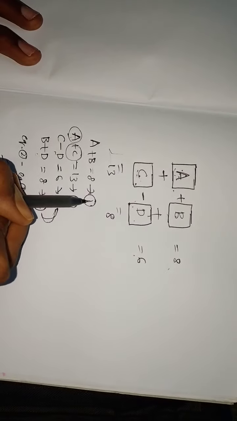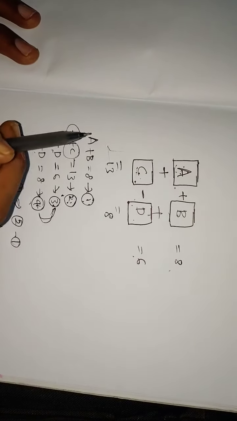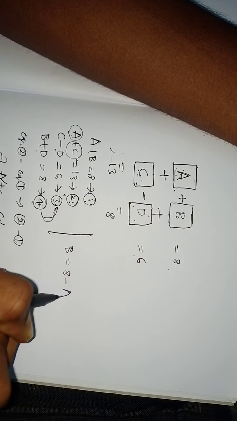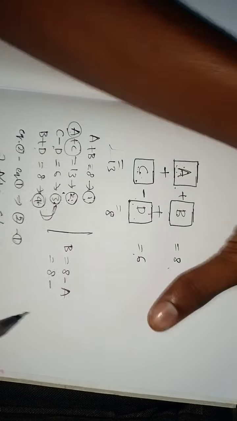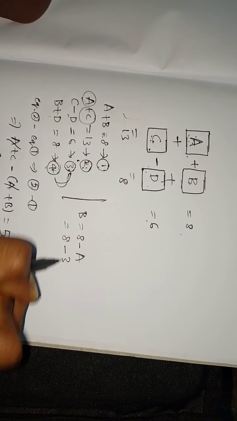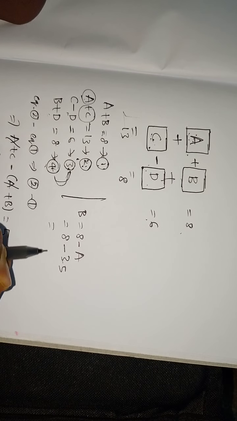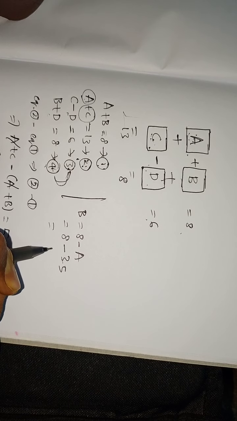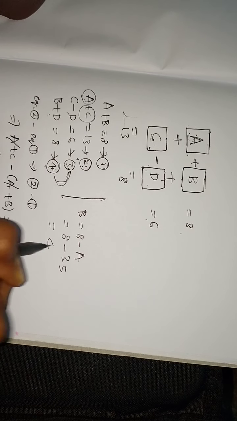Now from equation 1, if we substitute a, b also comes: b equal to 8 minus a, and a is 3.5, so 8 minus 3.5 is 4.5.